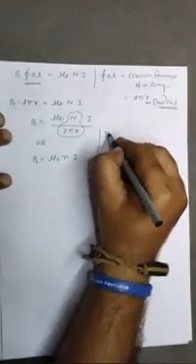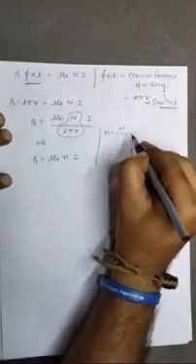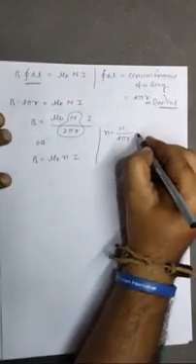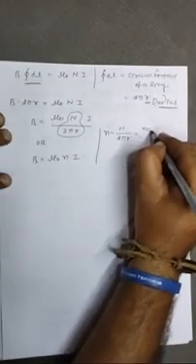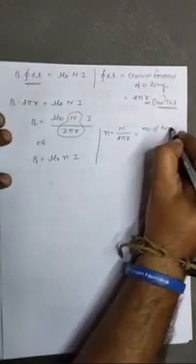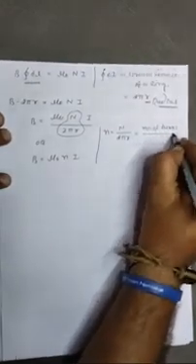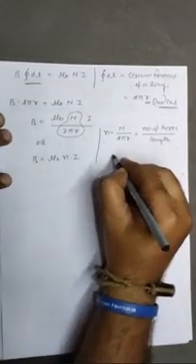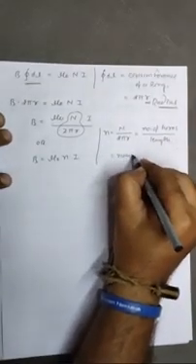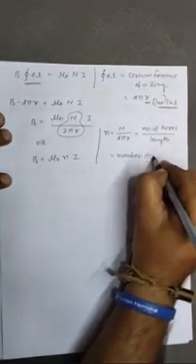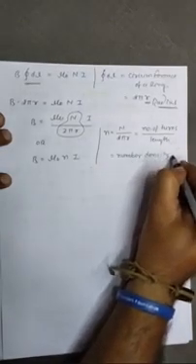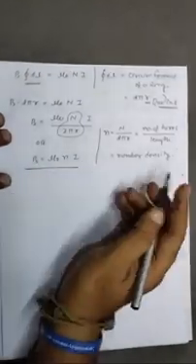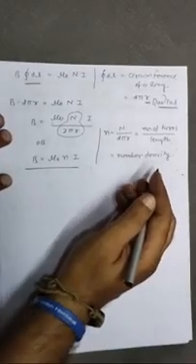It is nothing but N, number of turns, upon 2 pi r. It is the circumference of a ring, so it is nothing but number of turns per unit length, 2 pi r means length, and it is nothing but number density. Got it? So this is the final equation for a toroid.